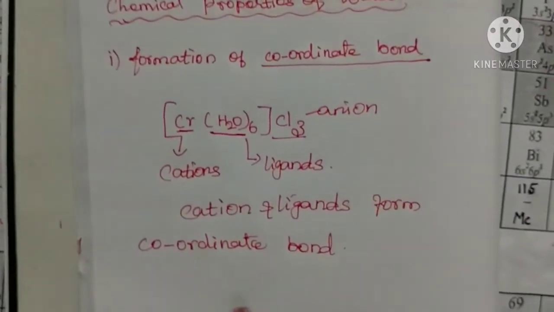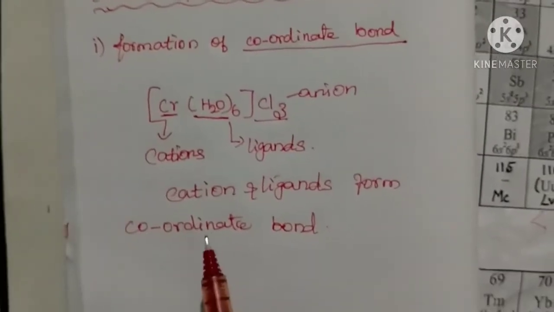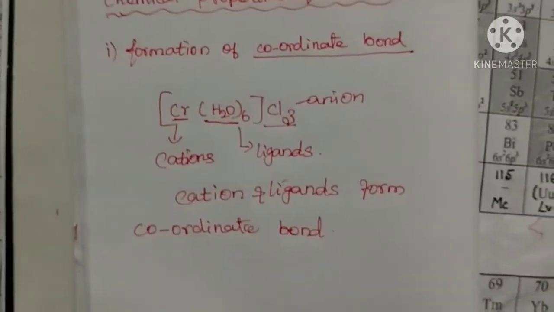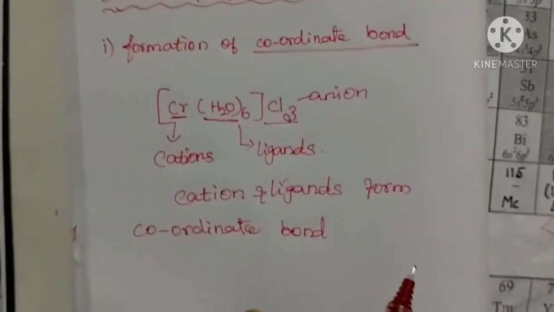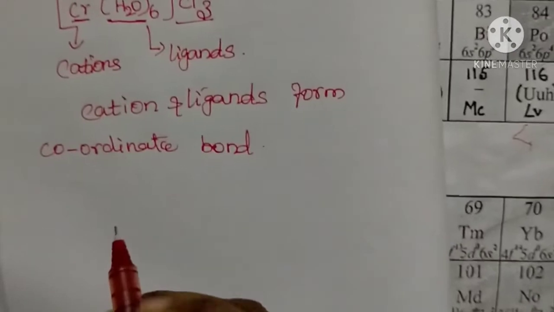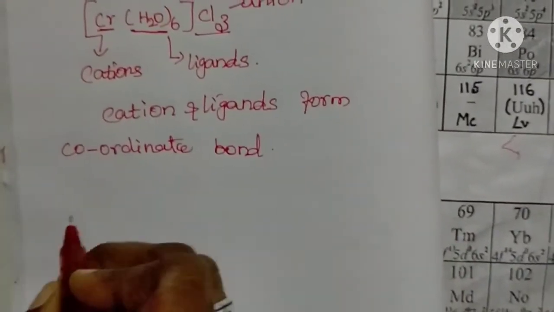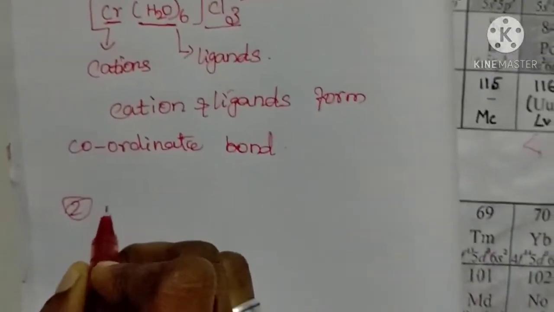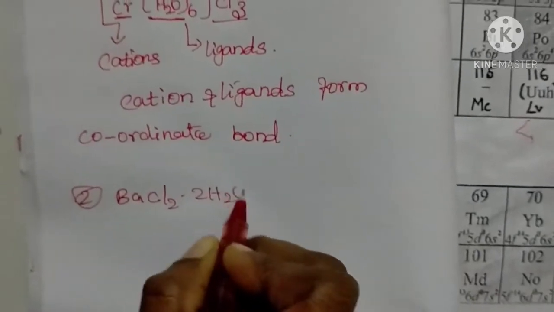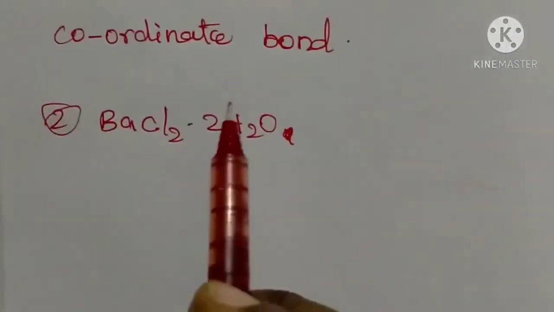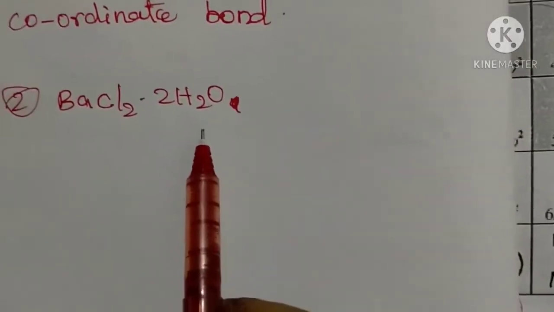There is another example for explaining the interstitial position of crystals. For explaining the interstitial position of crystals, we take the second example, BaCl2·2H2O. In this example, it contains 2 molecules of water.